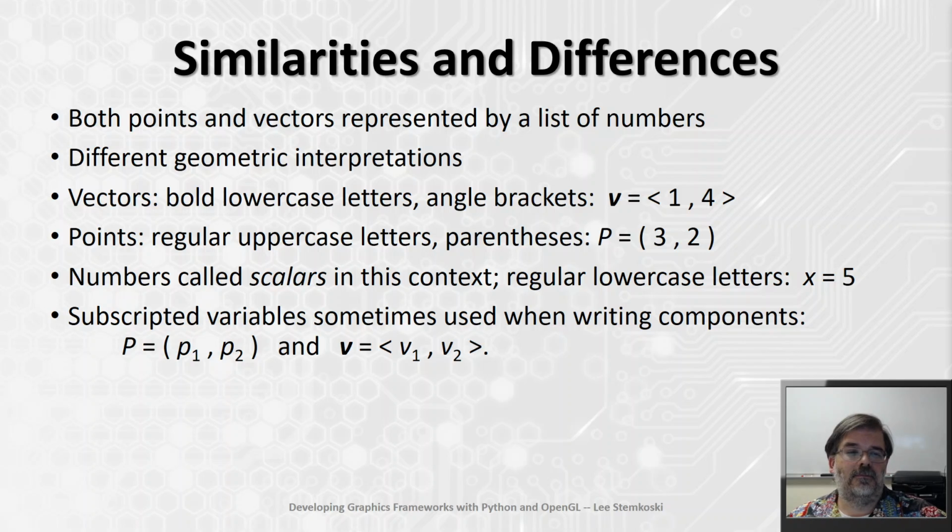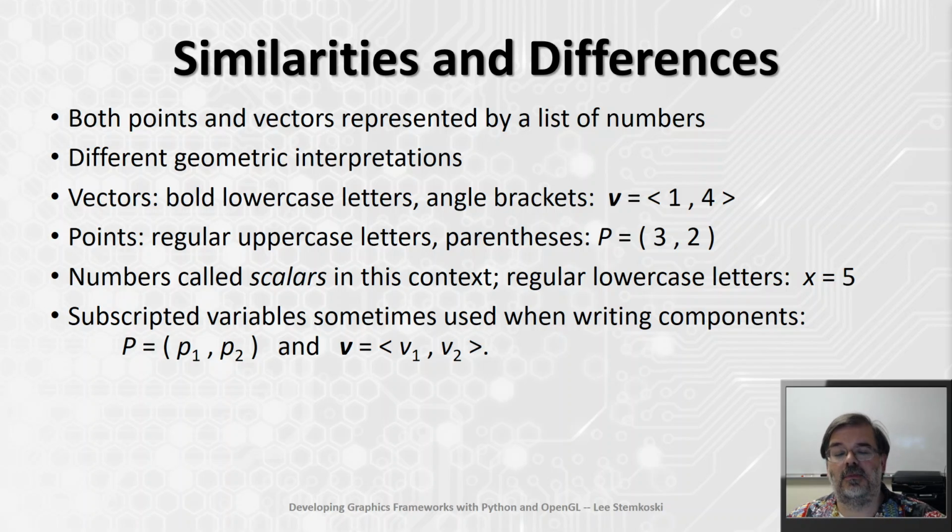Now, both of these structures, points and vectors, are similar in that they're both represented by a list of numbers. However, they have very different geometric interpretations. To emphasize the difference between location and displacement, another analogy I like to use is the following. Consider navigating in a city where the roads are arranged like lines in a grid.